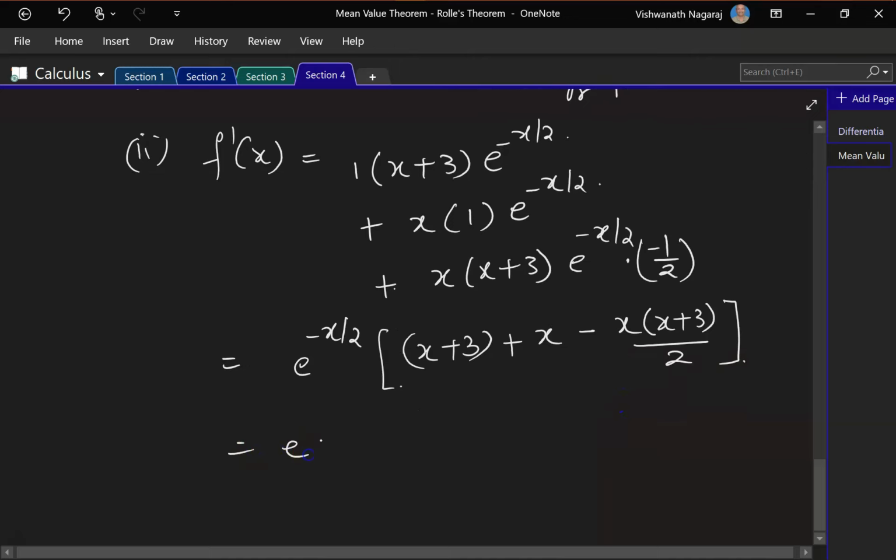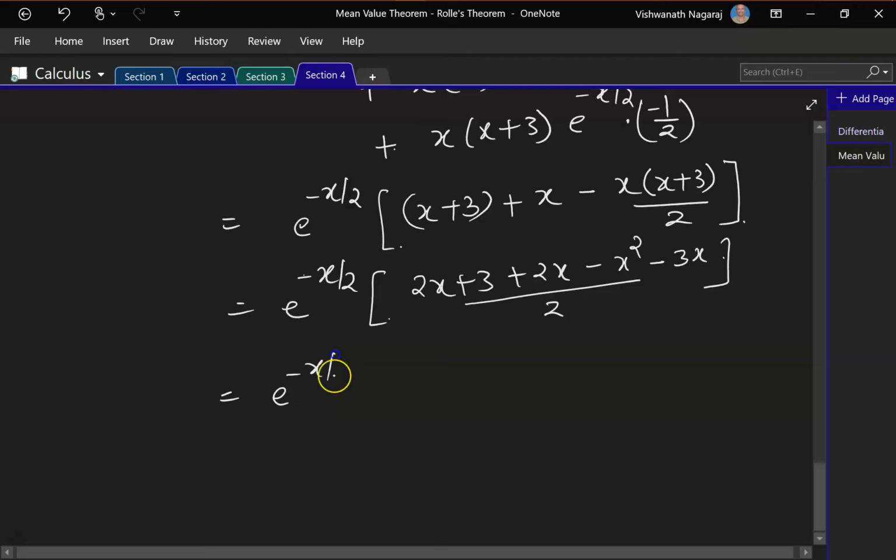Okay, let's simplify. Minus x by 2, 2x plus 3 plus 2x minus x square minus 3x by 2 e to the power of minus x by 2, 2x plus 2x 4x, 4x minus 3x is x, so minus x square plus x, then this I didn't multiply it with 2, so 6 it will be, so plus 6 by 2.